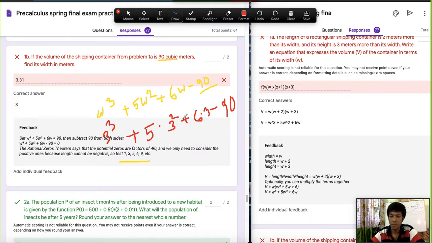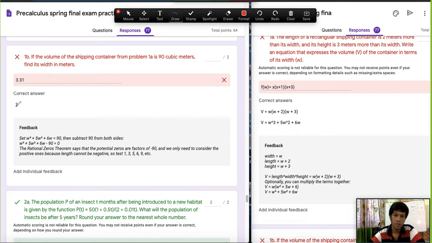If you add all of them and subtract 90, you get 0. So for 3 it is 0, that's why 3 is the correct answer.